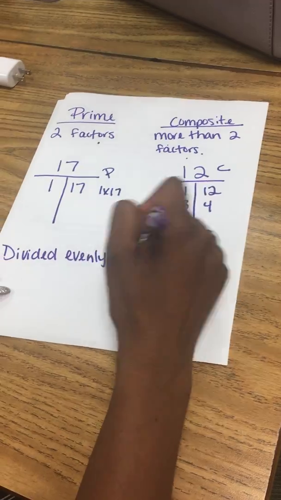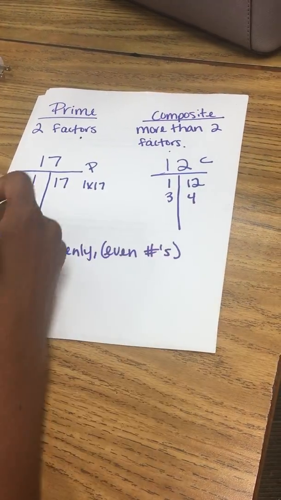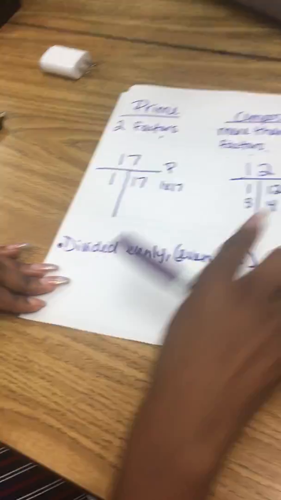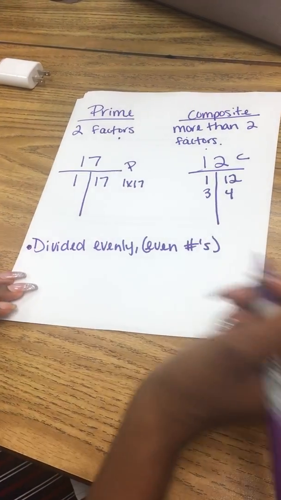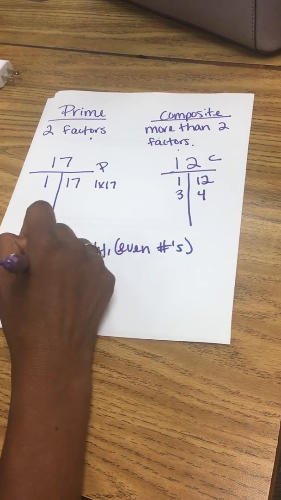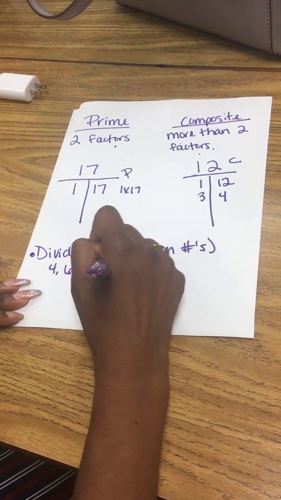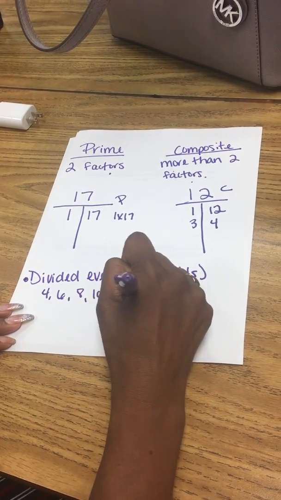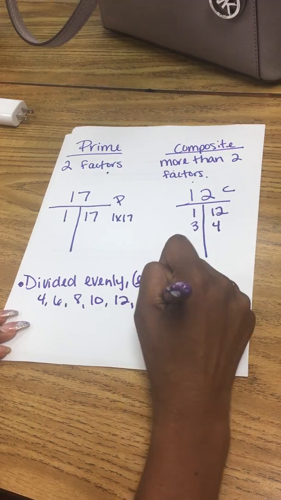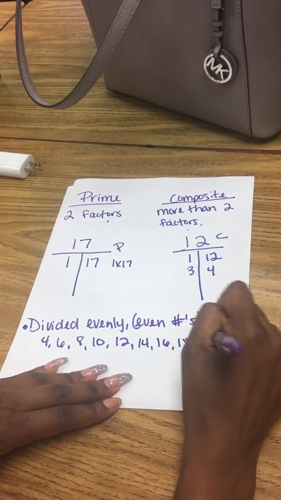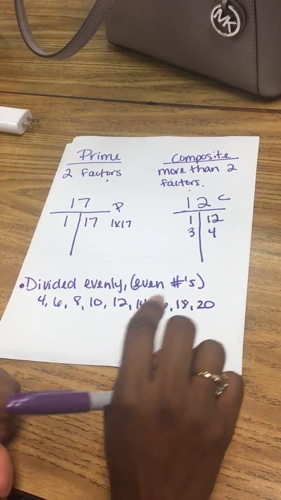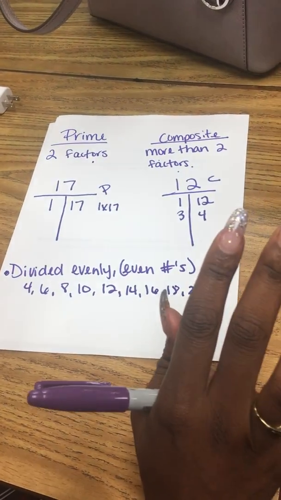They're not all even numbers, but a lot of them are. So numbers like 4, 6, 8, 10, 12, 14, 16, 18, 20 are all composite because they're even. You just know that they're composite.